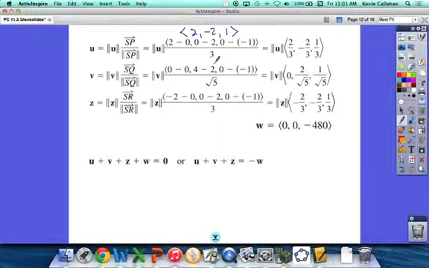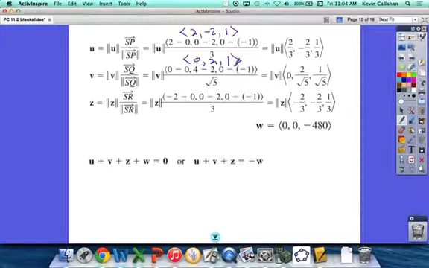The square root of 9 is 3. So this is the magnitude. So that's where this comes from. This now is a unit vector pulling in the same direction as u. So u equals the magnitude of u times the unit vector pulling in the same direction. The same thing being done here, right? This is 0. 4 minus 2 is 2. 0 minus negative 1 is 1.